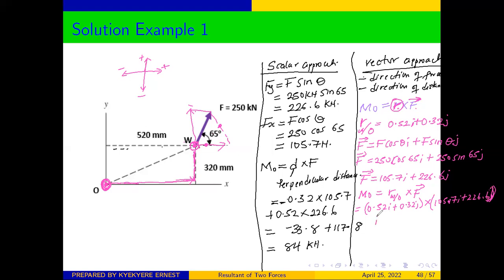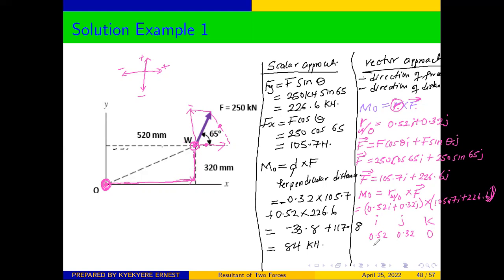So you can just write I, J, K, and you put in the values. So here I is 0.52, and then J is 0.32. K, we don't have any component, so it will be 0.